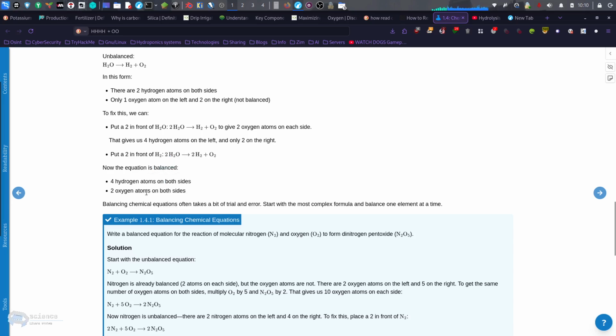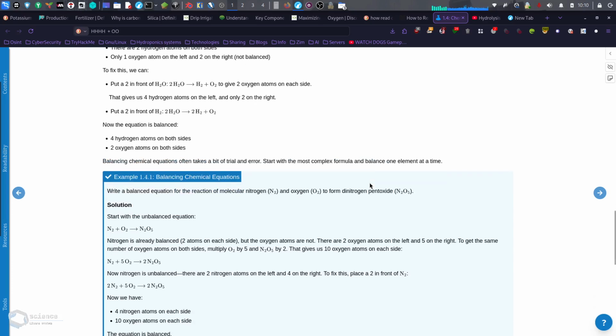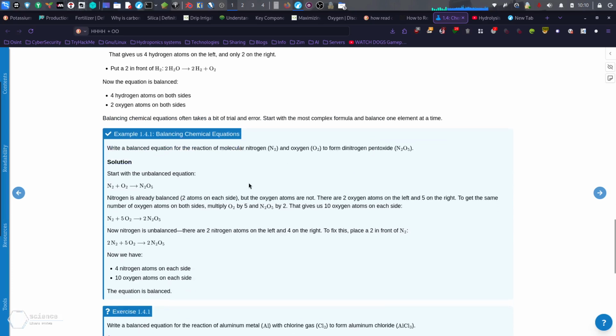Balancing chemical equations often takes a bit of trial and error. Start with the most complex formula and balance one element at a time. Example 1: write a balanced equation for the reaction of molecular nitrogen and oxygen to form dinitrogen pentoxide.